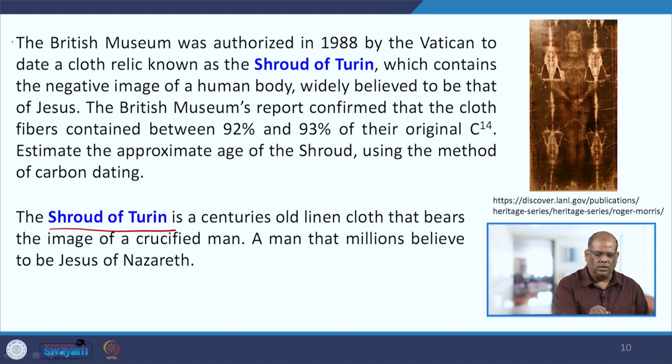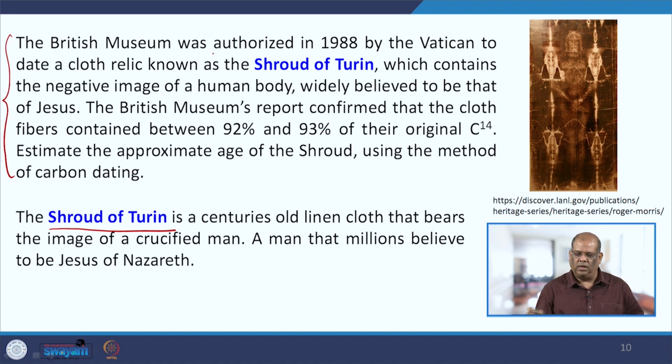So, the problem is that the British Museum was authorized in 1988 by the Vatican to find the approximate date of this relic known as the Shroud of Turin. If you can see this figure, it is believed that when Jesus Christ was crucified, this was the only cloth that covered his body, and there is a mysterious image that has appeared on that cloth.